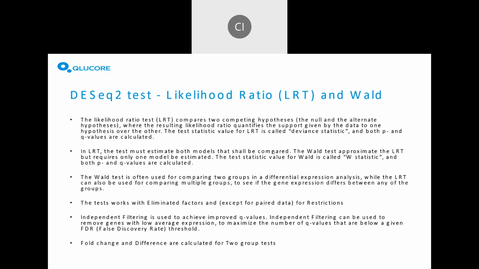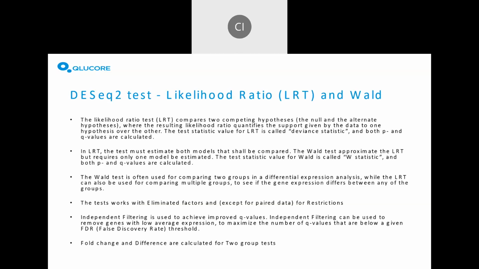You get P and Q values calculated as for any other tests. There is also another test that just uses one model. It's the Wald test, and that's often called for when you're just testing between two different groups here. But both for Wald test and for likelihood ratio test, there are also regression tests that you can select.